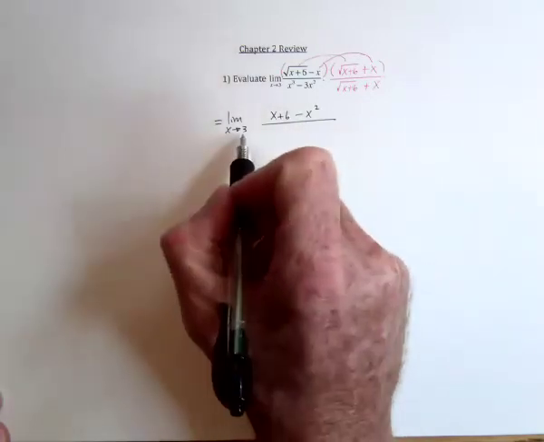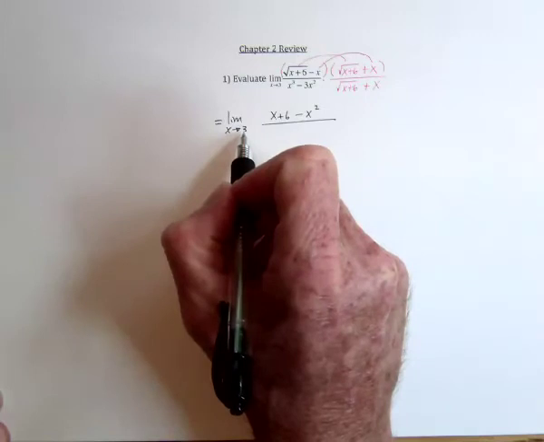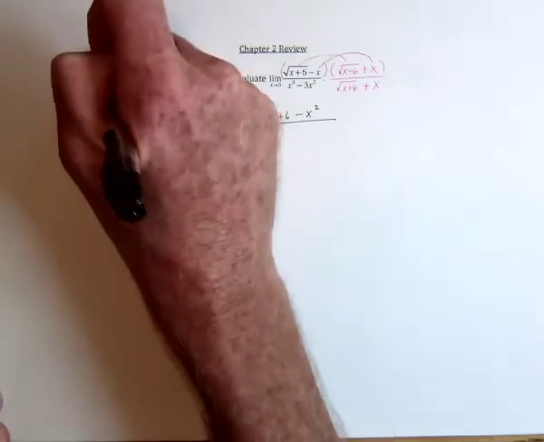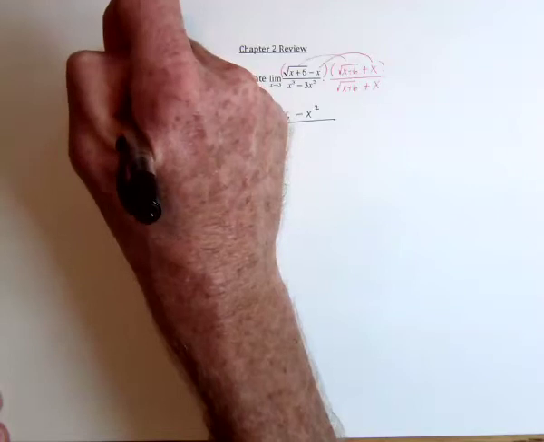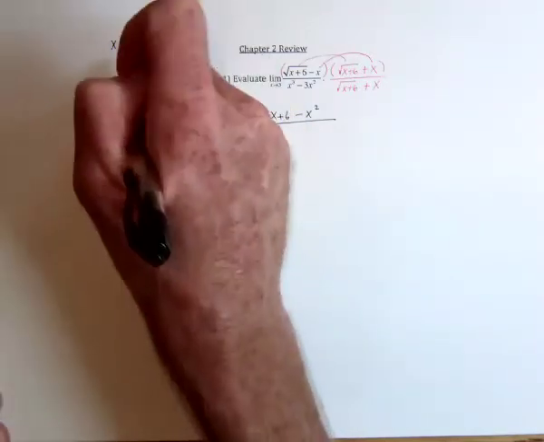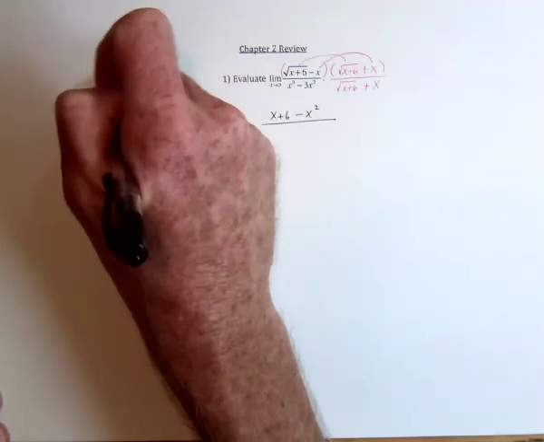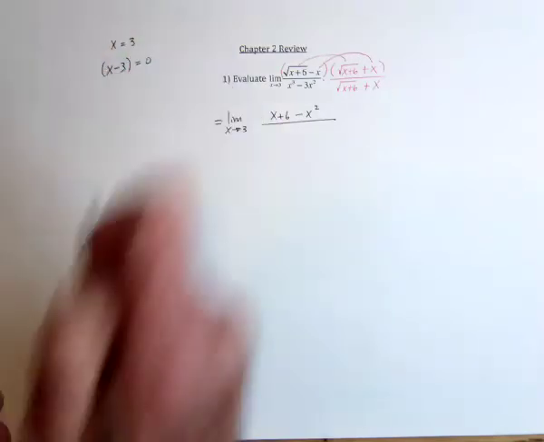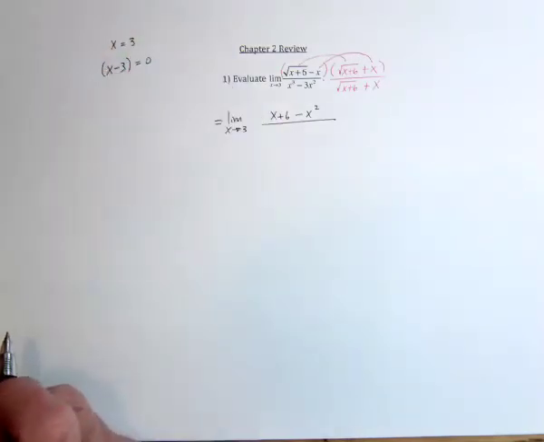what I need is, when I substitute a 3 and it causes a 0, so in other words, x equal to 3 was causing a 0, that means it's got a factor of x minus 3. That's really at the root of the whole problem.